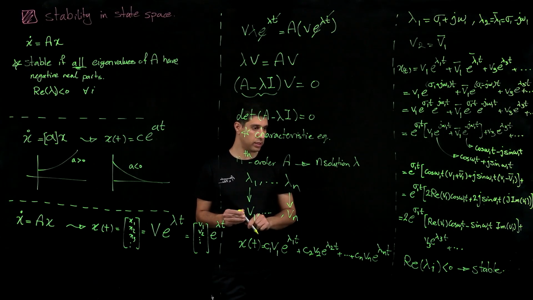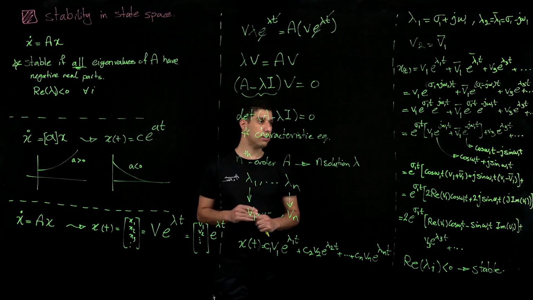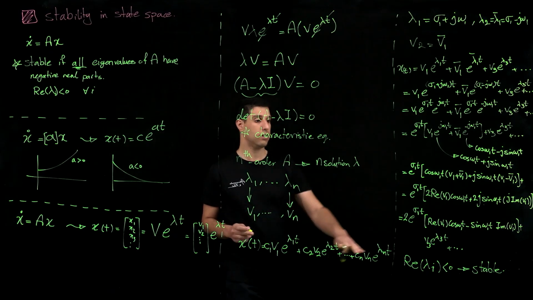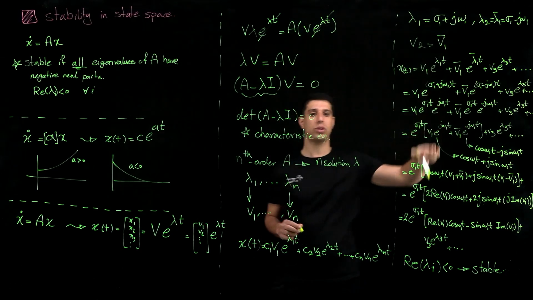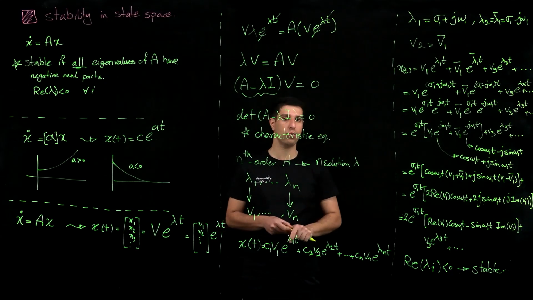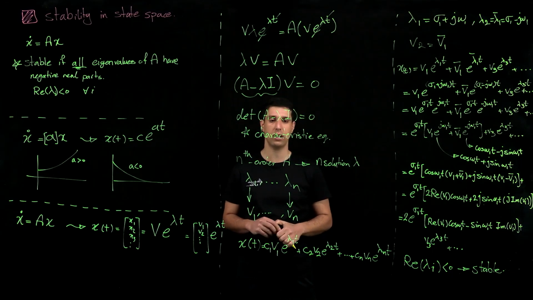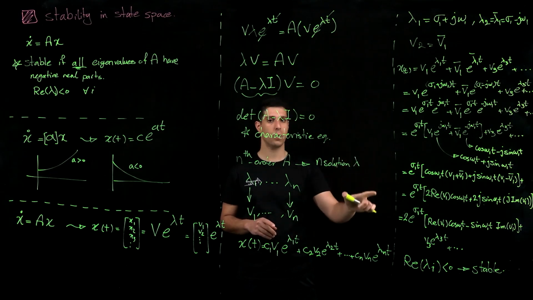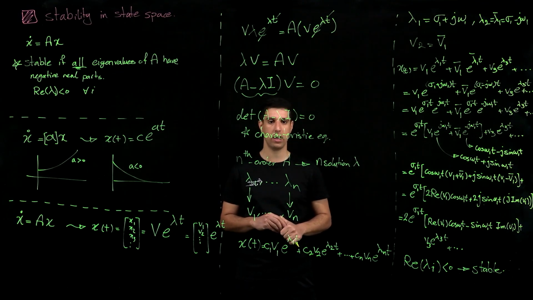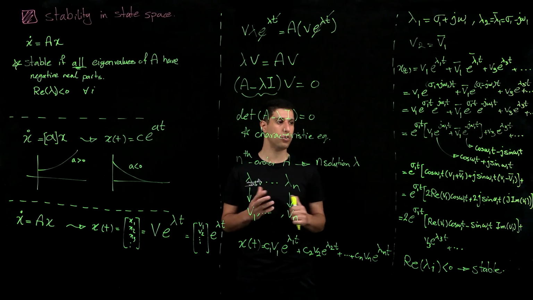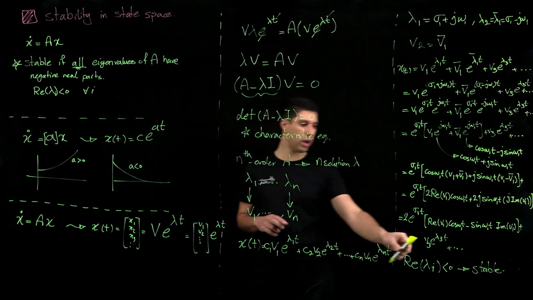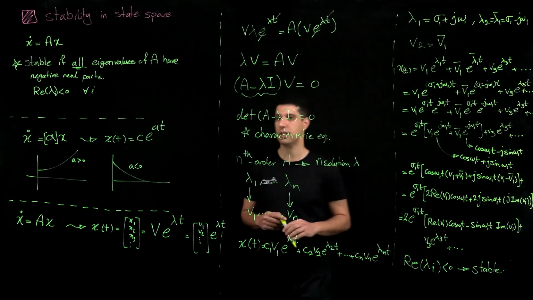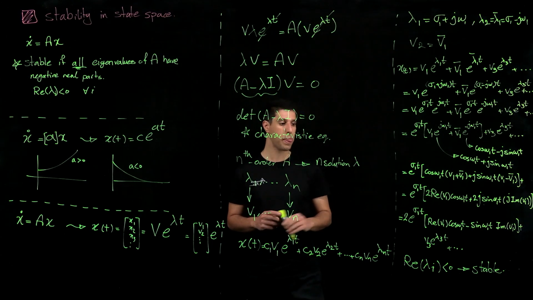So, okay, this was a little too much, maybe. I wanted you to see this, and I encourage you to pause the video and take a moment, revisit what happened in these steps, so you know what is going on, why the eigenvalues define the stability of the system.